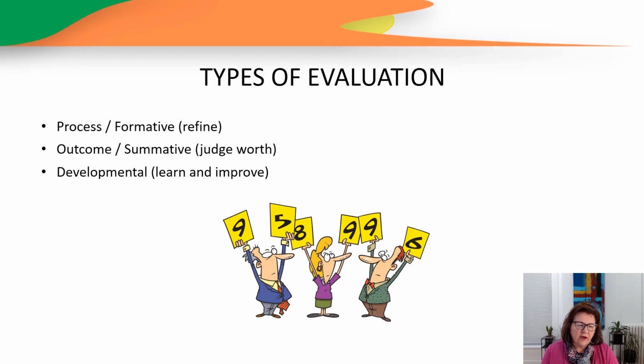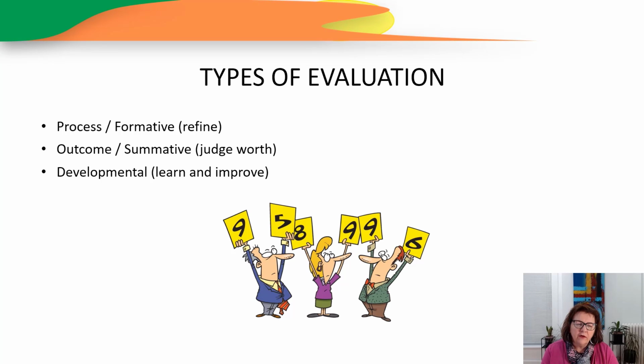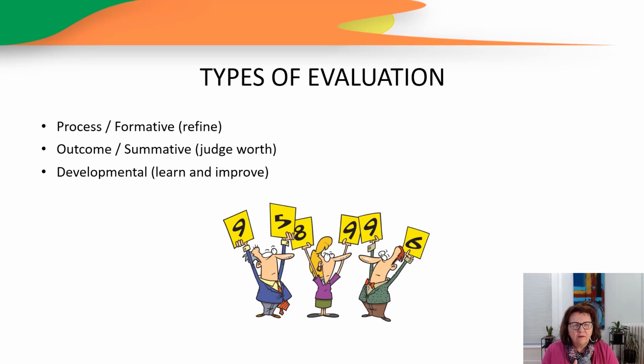So it's about refinement. Outcome or summative evaluation is about judging the worth or the value that's being delivered. And the third, which is newer, but is really important to understand when we are dealing with the complex issues that many community leaders are dealing with.